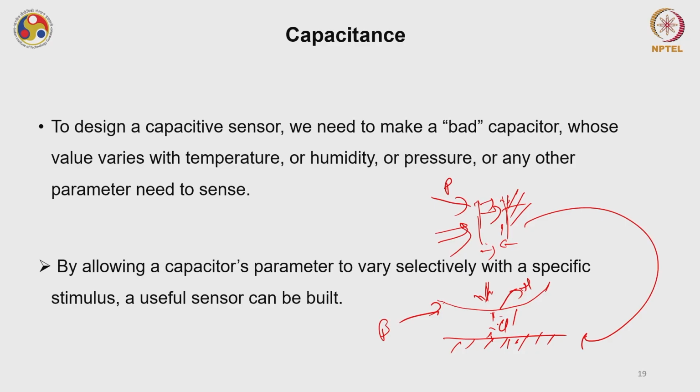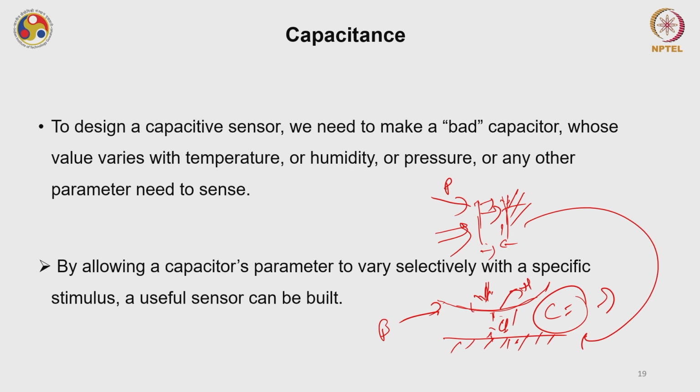The good capacitances that I just discussed for electronic circuits should not change this D value. They should be rigid so that by pressing, D is not changing. But if I want to develop a sensor based on this capacitive principle, D should be changeable and the capacitance should be sensitive enough to measure even small deflections.